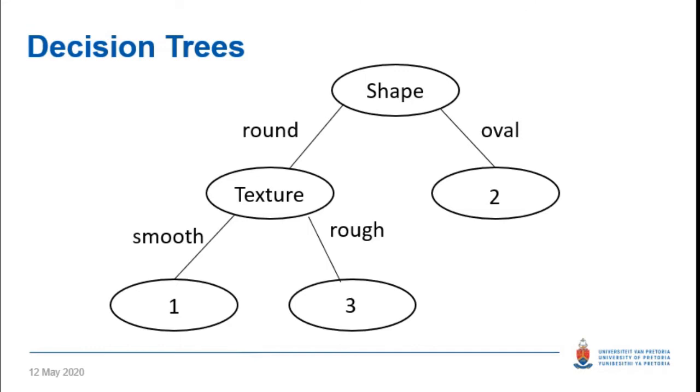If the shape is round, then we need to look at the texture. If the texture is smooth, then it must be 1, which represents a golden delicious apple. But if the texture is rough, then it must be 3, which is a grapefruit, and 2 represents a lemon. If it's oval, we know that the only fruit amongst the grapefruit, the lemon, and the golden delicious apple is the lemon.